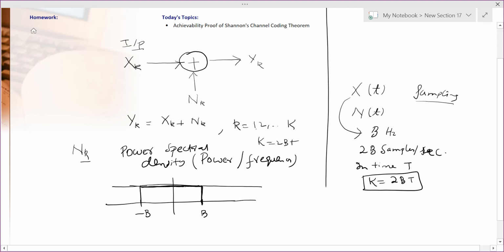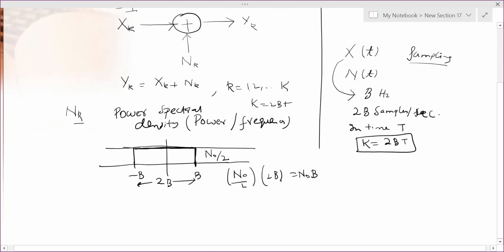Let this height be n naught by 2, where n naught is some constant. So this width is 2b. The total average power will be n naught by 2 times 2b, which is n naught b. And we assume the distribution of the noise nk to be Gaussian, with mean 0 and variance sigma square.